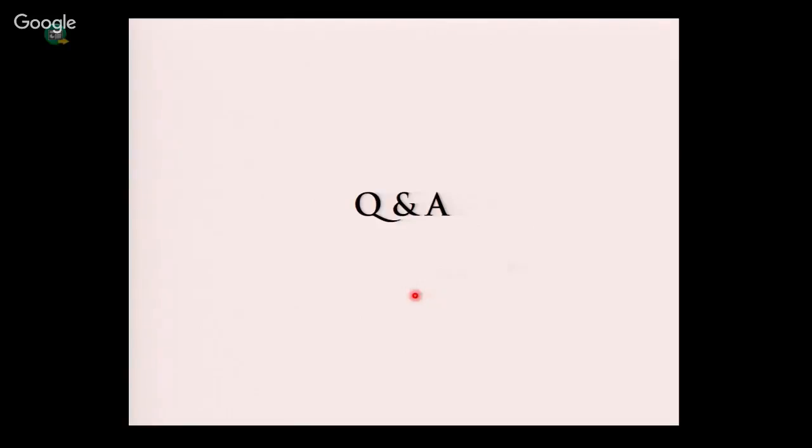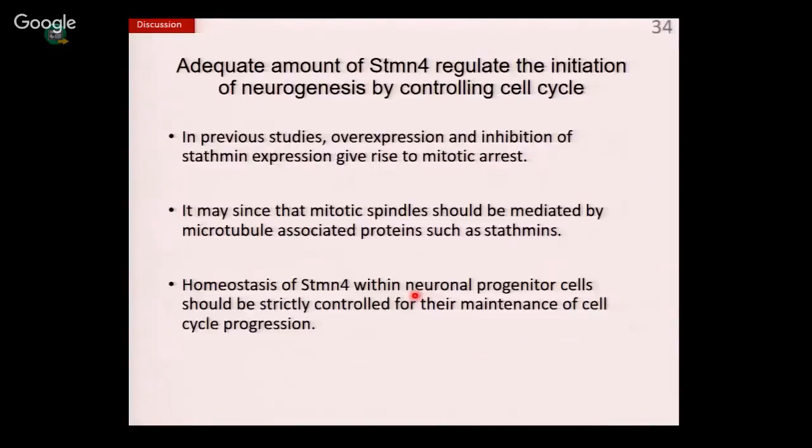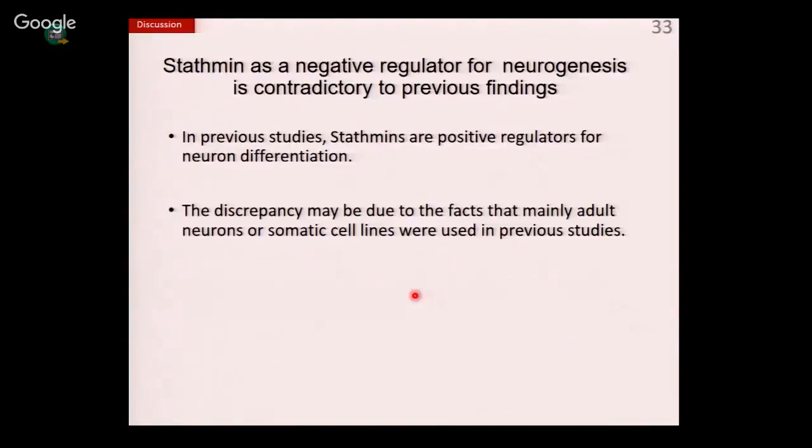Hello. Thank you for the presentation. I just want to ask one quick question. I think you mentioned that the reason why they chose STEM4 as a target is from previous studies, but from some of the data, like when you mentioned the CRISPR-Cas9 knockout, there might be some compensation mechanism.